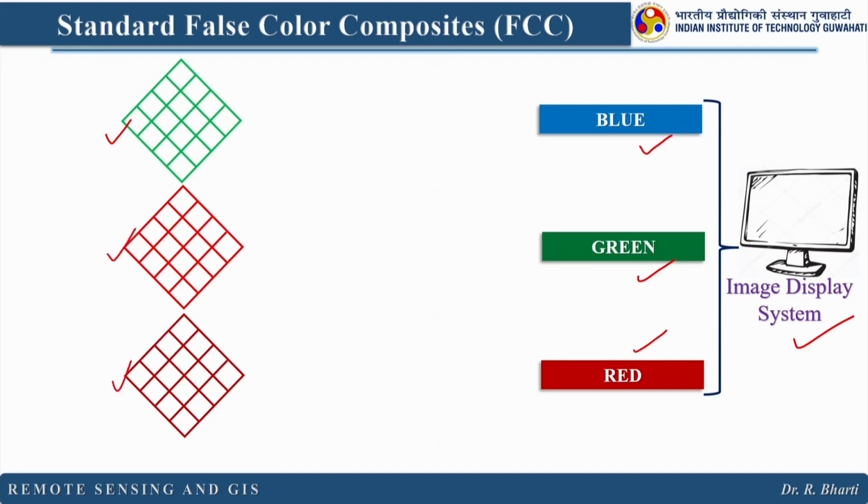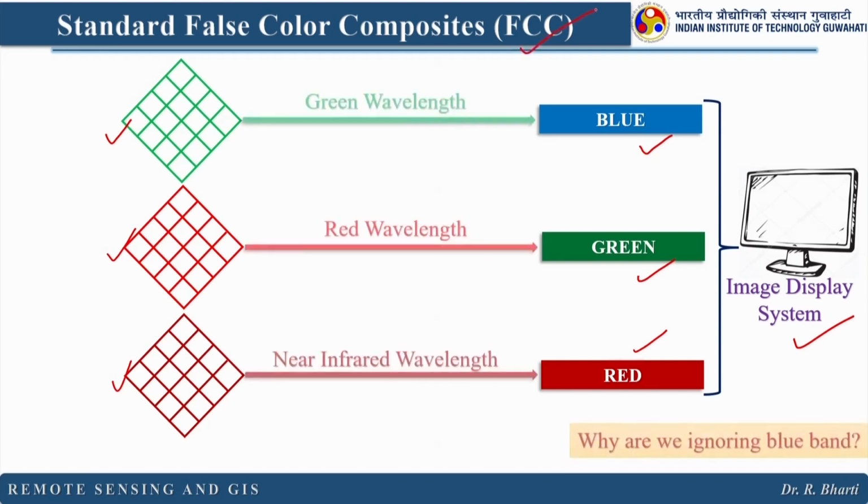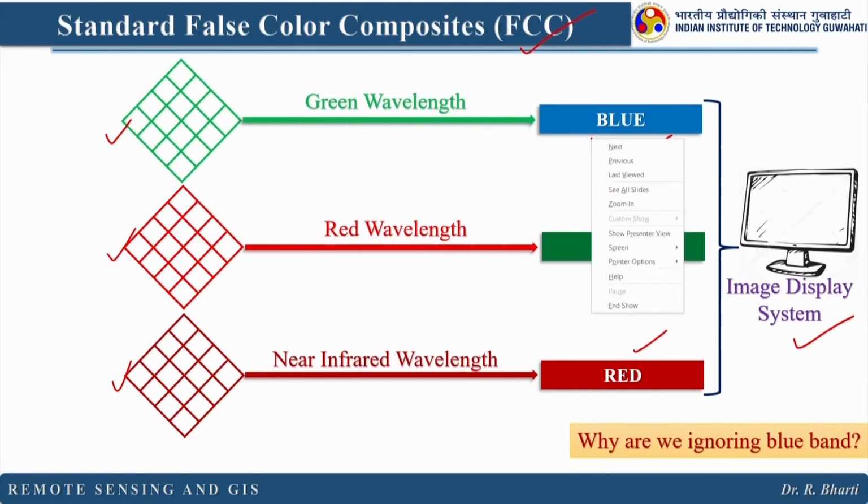Now, to call this FCC or standard FCC, we need to assign the green wavelength to the blue color of our monitor, the red wavelength to green, and the near infrared wavelength to red. Strictly, only if you follow this convention are they qualified to be called standard false color composite. Otherwise, they will have a different name.